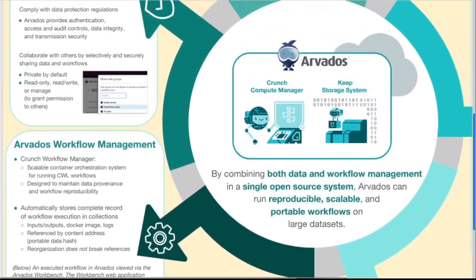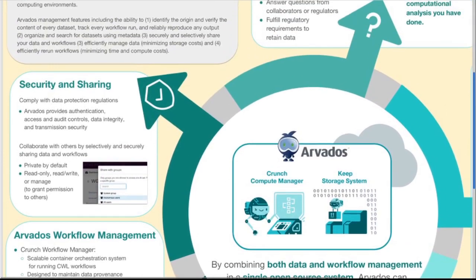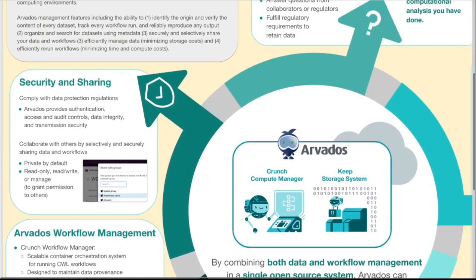Another aspect of data management we haven't talked about too much, but is a pretty big deal, are legal requirements from oversight agencies and regulators. In particular, if you're working anywhere near human data, you probably care a lot about security and access control.